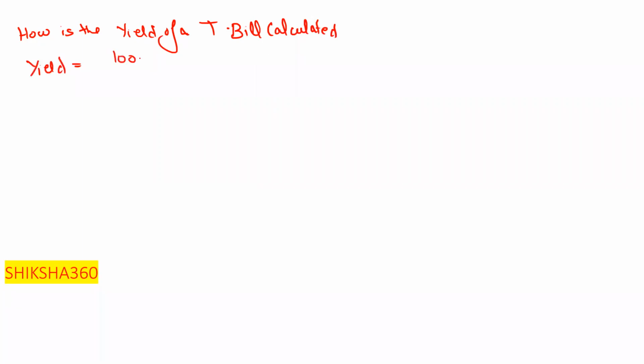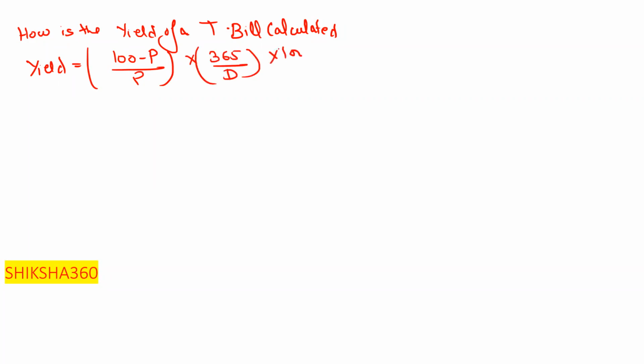Next, how is the yield of a treasury bill calculated? Yield is equal to (100 minus P) upon P, into 365 upon D, into 100.